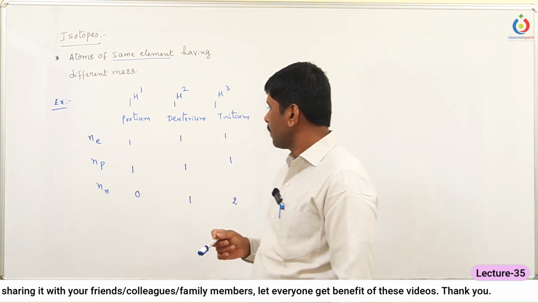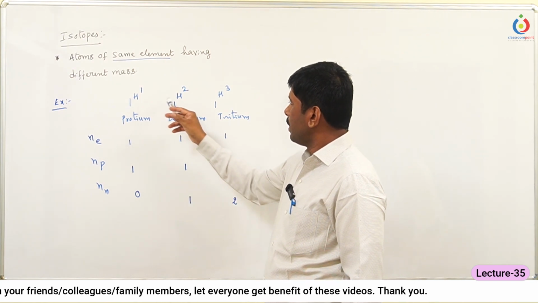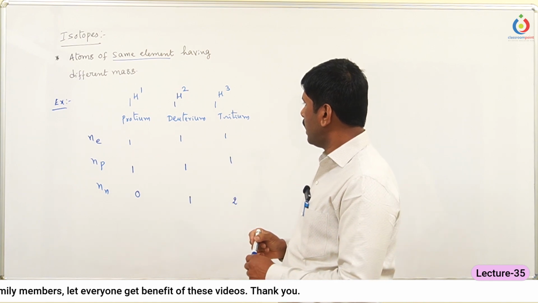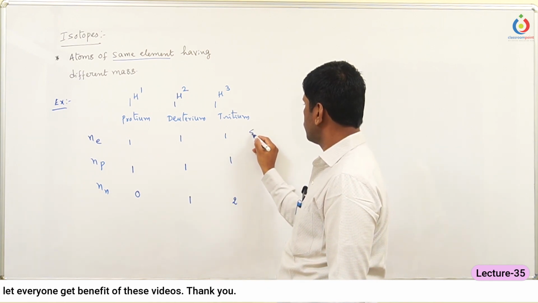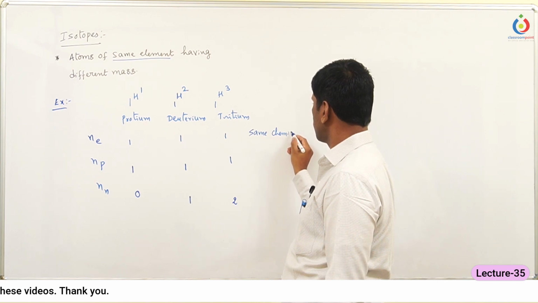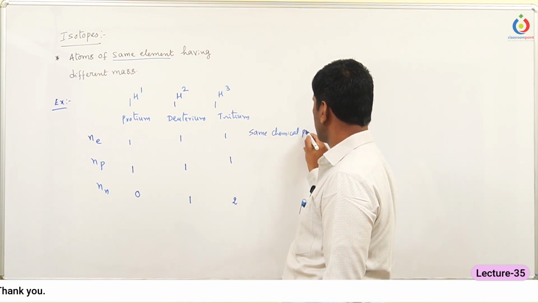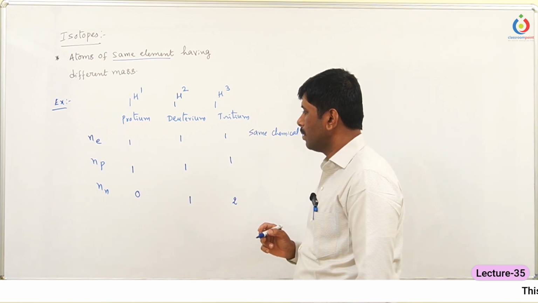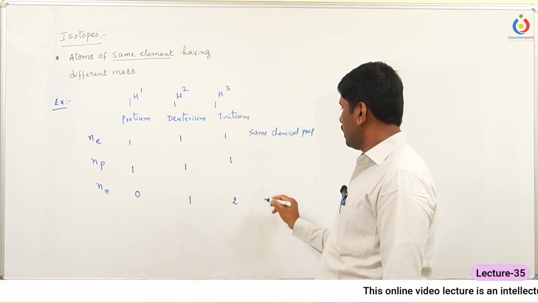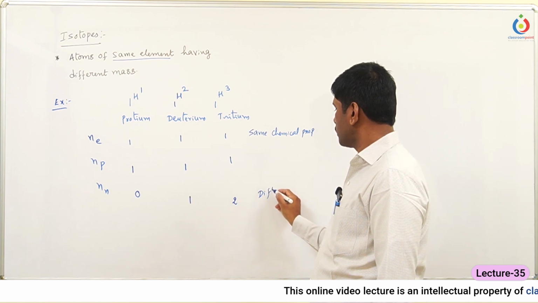So for these elements, as the number of electrons remains the same, they have the same chemical properties. When the number of neutrons is different, they have different physical properties.